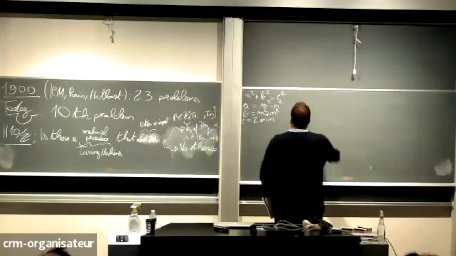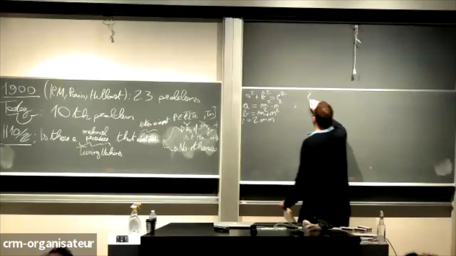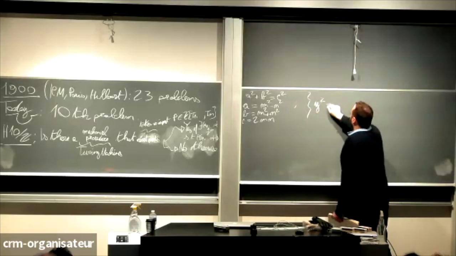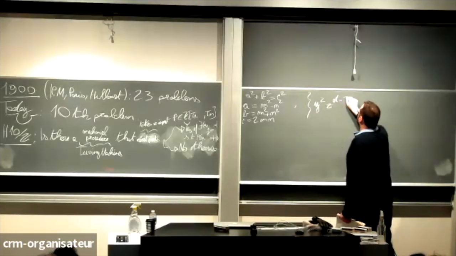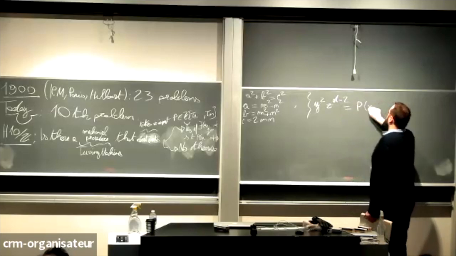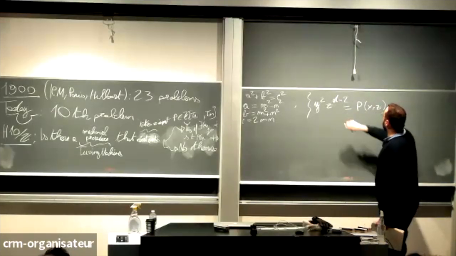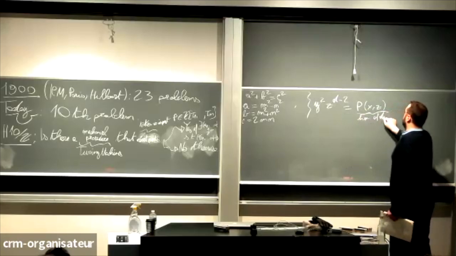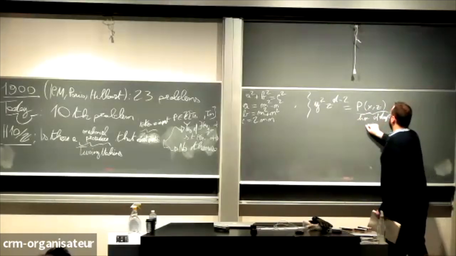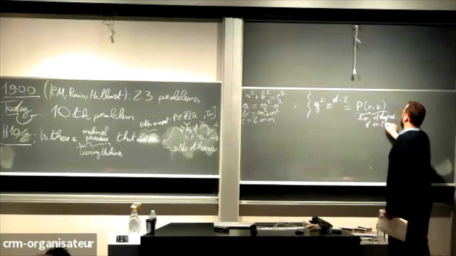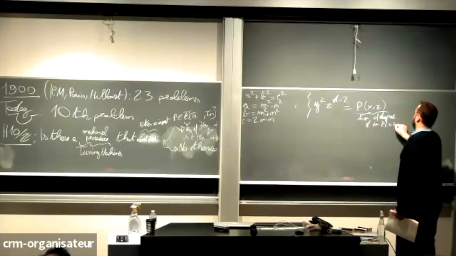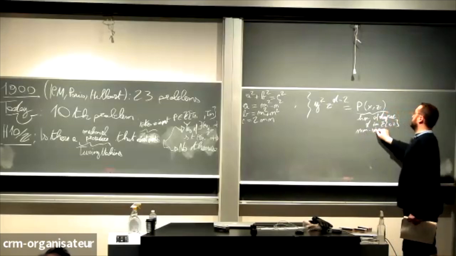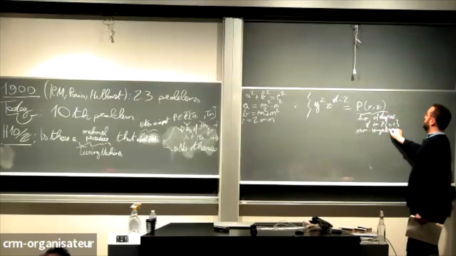In contrast, you can already think about what happens in higher degree, and you have equations of this form: y squared z to the d minus 2 equals p of x, z, where p is homogeneous of degree d in x and z, and is non-singular, meaning it has no repeated roots.